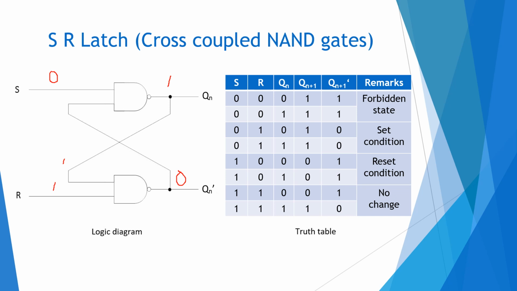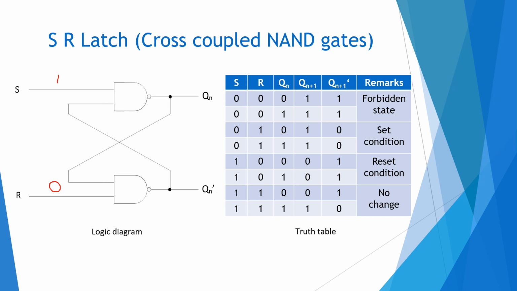Why it is called active low: when S is equal to 0, the output becomes 1. That's why it is called an active low input. We can see another condition when S is equal to 1 and R is equal to 0.